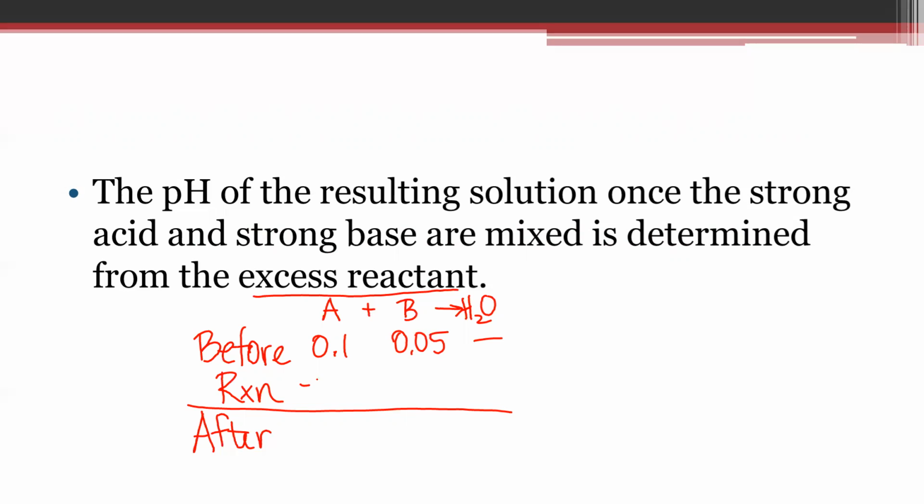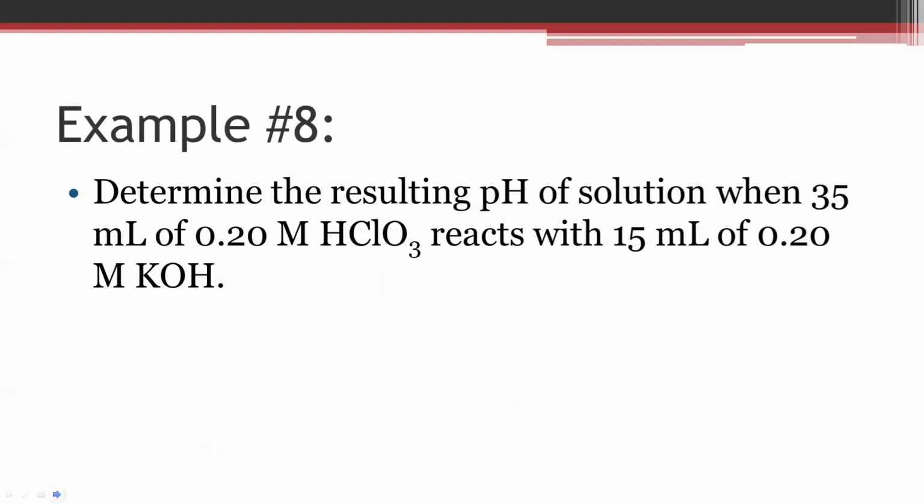So we will subtract the smaller of the two values, leaving us with new concentrations, where one of them has completely run out, and the other one has significantly less. And so this amount from the excess reactant will then lead us into how we solve for pH, okay? I should have put H+ and OH-, sorry.